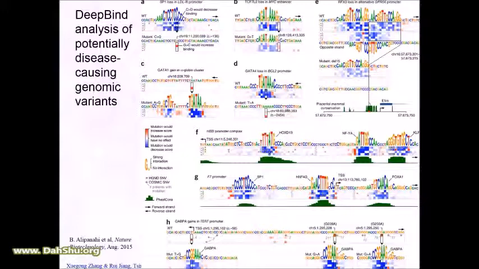And then they can check for each genomic variation how severely the variation can destroy the motif, and they can evaluate the disease risk. These are some examples. They can successfully identify the disease-causing SNPs.